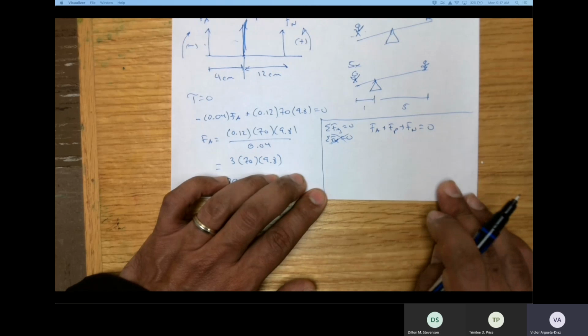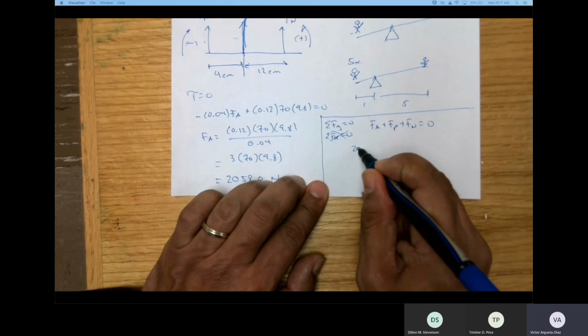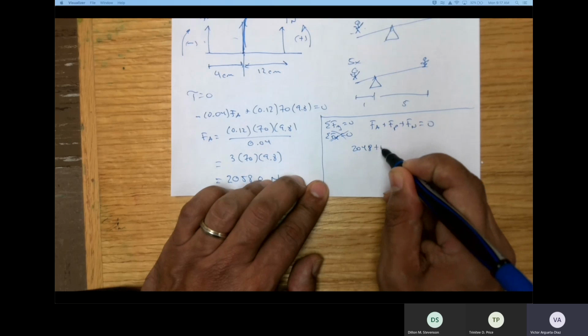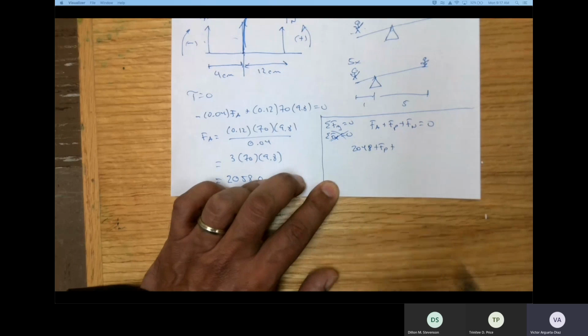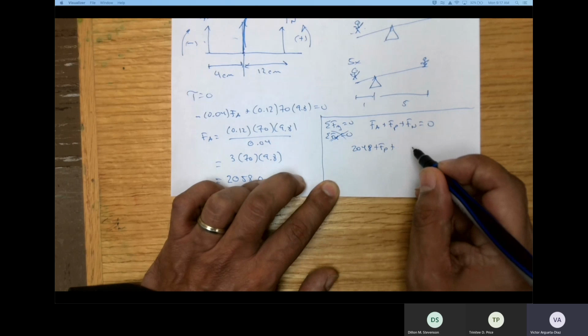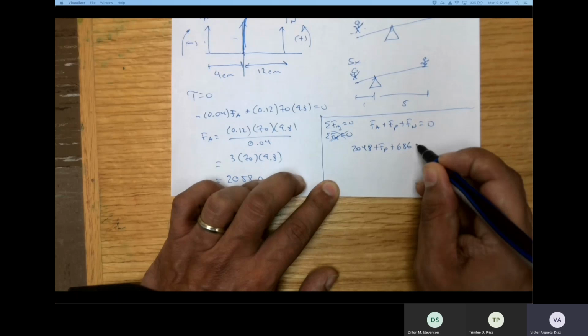Now the force of the Achilles tendon is the one that we just found, 2058. Then the normal force is 70 times 9.8, which is 686. And that's equal to 0.